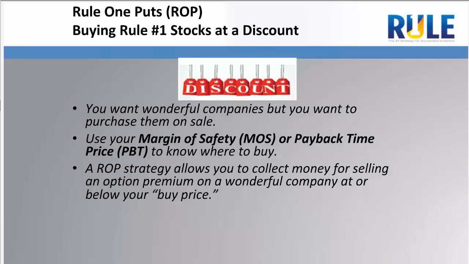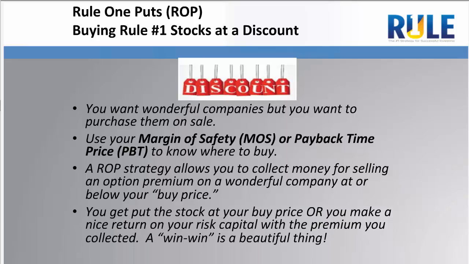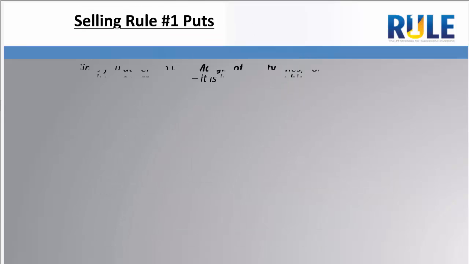You're either going to get the shares you want at the price you want them at, or that contract's going to expire out of the money, and you're going to keep your premium and make a nice rate of return in a short period of time on that trade. So it's a win-win situation. Those are pretty hard to come by. And that's why doing your homework on the fundamentals of a company is so important, to really understand and set up this trade, this Rule 1 put.